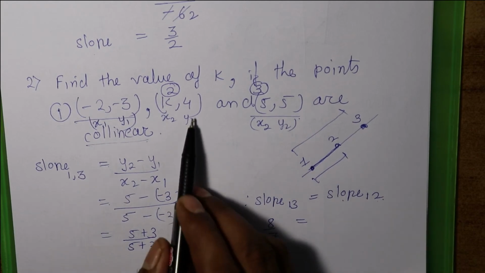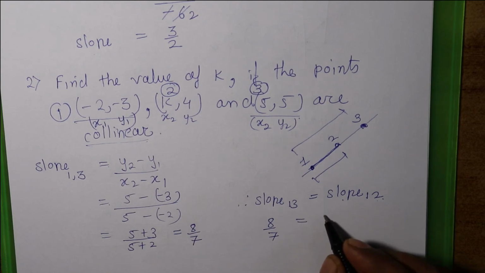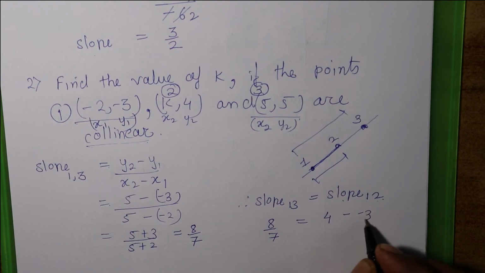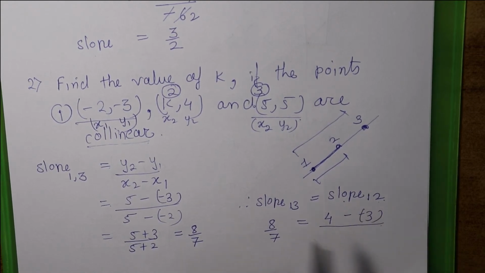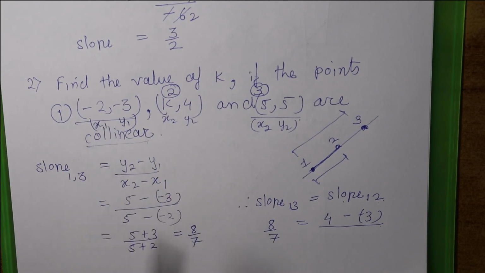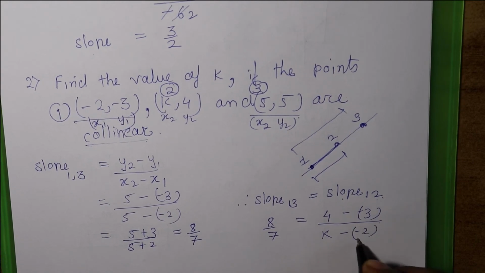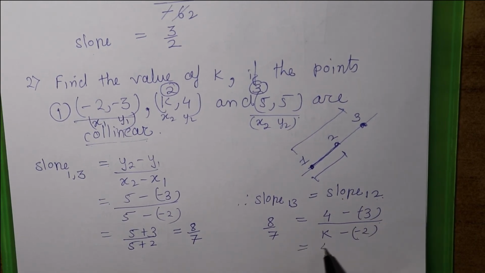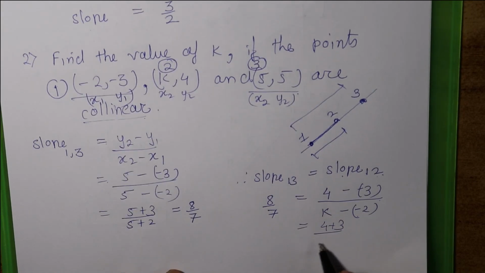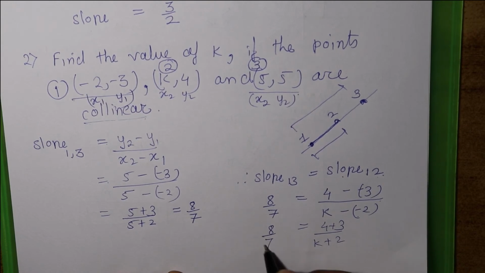The formula is again the same, y2 minus y1 upon x2 minus x1. Therefore we have 4 minus of minus 3 upon k minus of minus 2, that is 4 plus 3 upon k plus 2, equal to 8 upon 7.